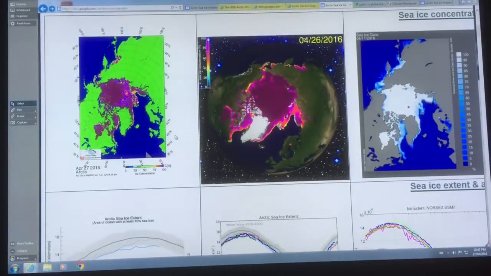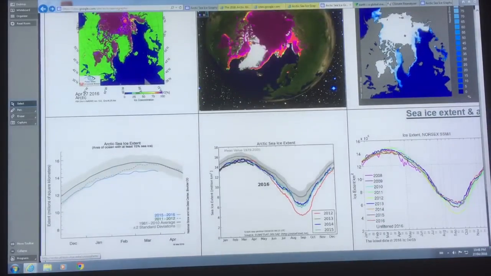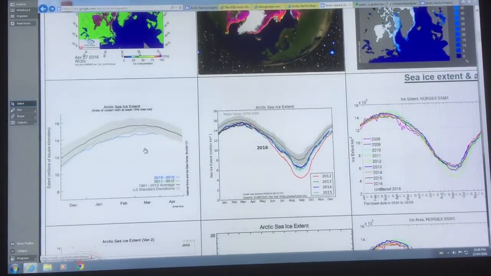So again, if you just Google Arctic sea ice graphs and come here, then you can see this data is updated as of today, yesterday. It's constantly updated, and this is the sea ice concentration in various forms. We have the Arctic sea ice extent.